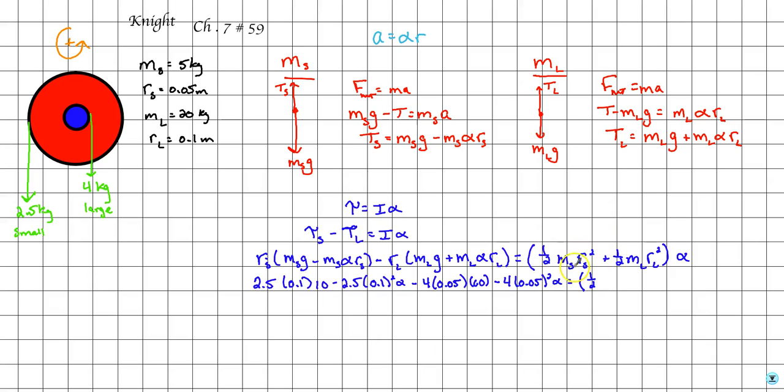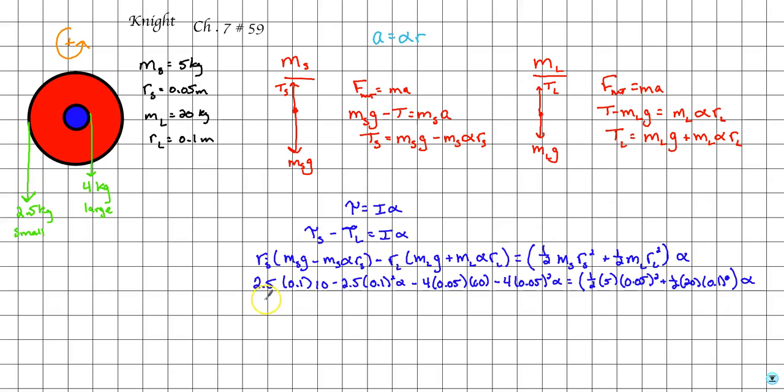Now this is the mass of the pulleys and the radii of them. So this will be 1/2 times 5 times 0.05 squared plus 1/2 times 20 times 0.1 squared, all times alpha.